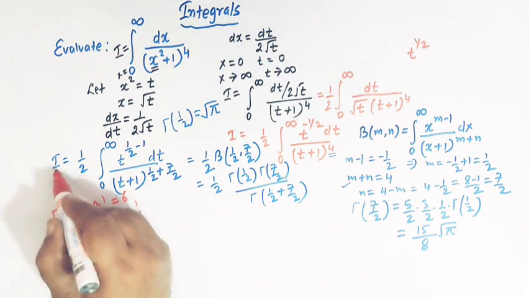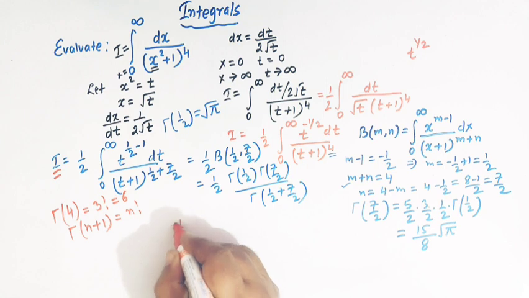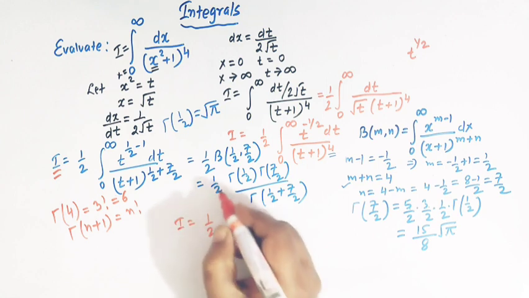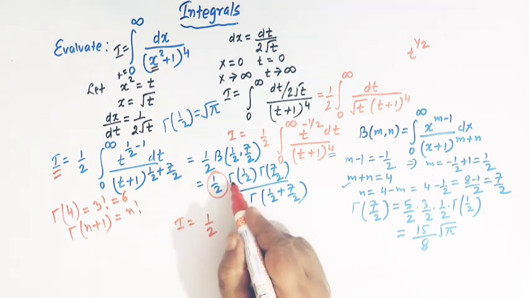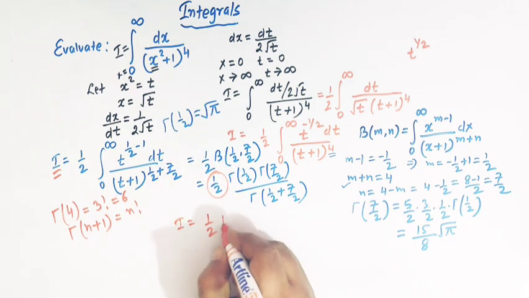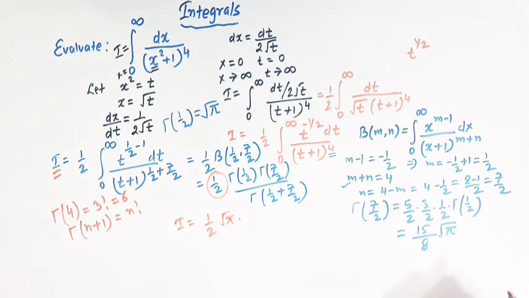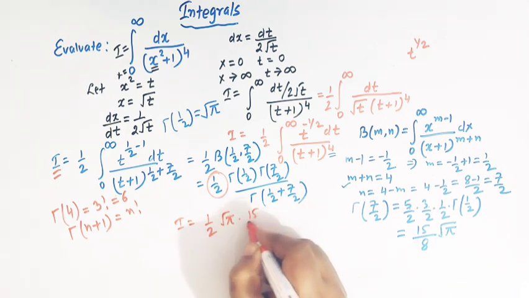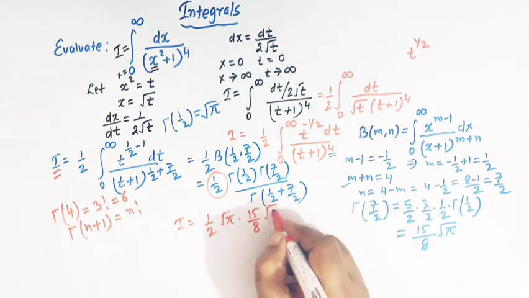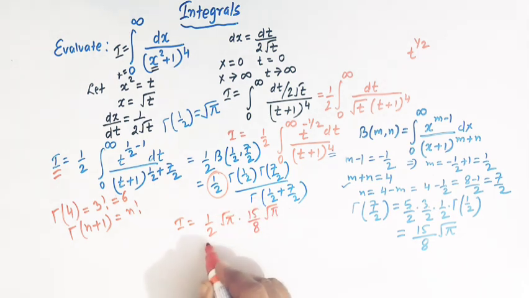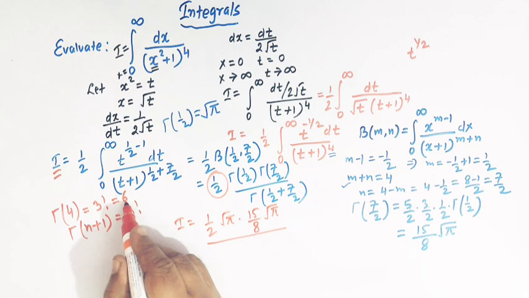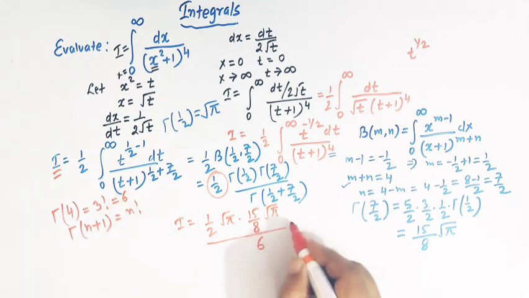So now this integral takes the form half, this is half, and gamma of half is square root of pi, and gamma of 7 over 2 is 15 over 8 times square root of pi, and gamma of 4 is equal to 6, right?